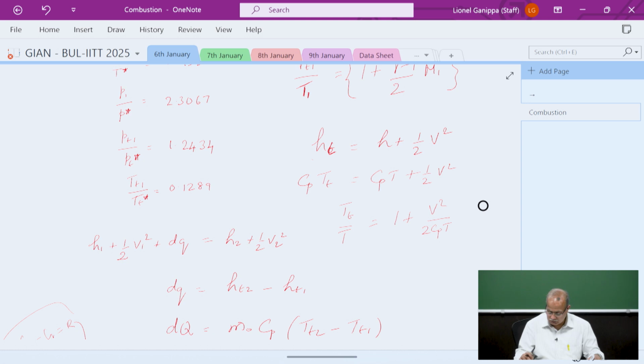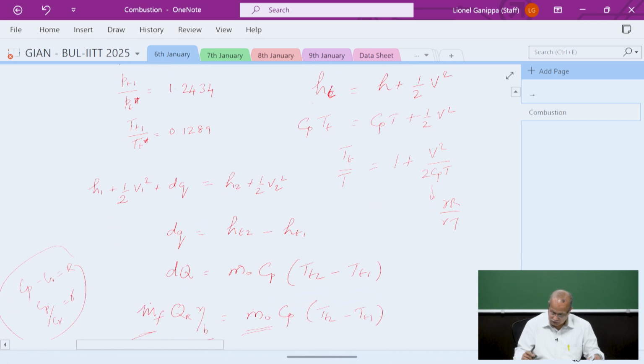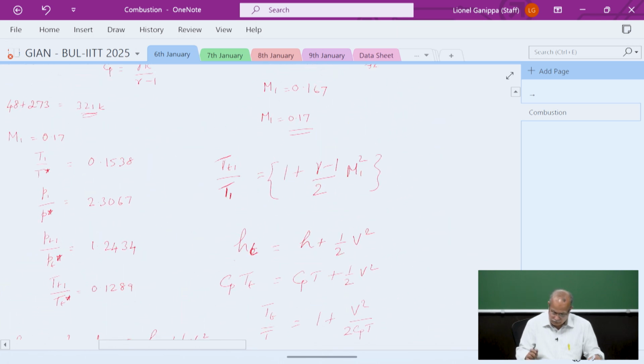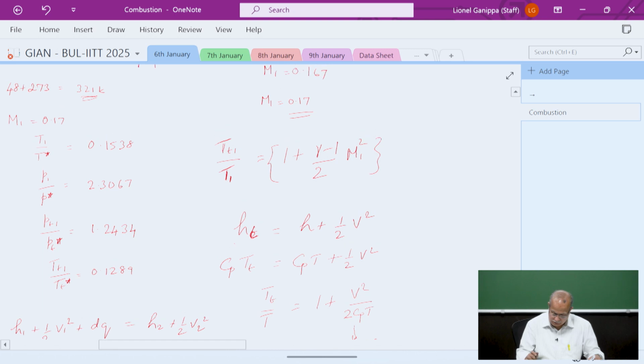So then if you substitute the values, gamma R by gamma minus 1, then you will get Tt by T is equal to 1 plus (gamma minus 1) by 2 M square. What is this value? T1 is known, 321. M1 you calculated 0.17. Gamma value is 1.4.